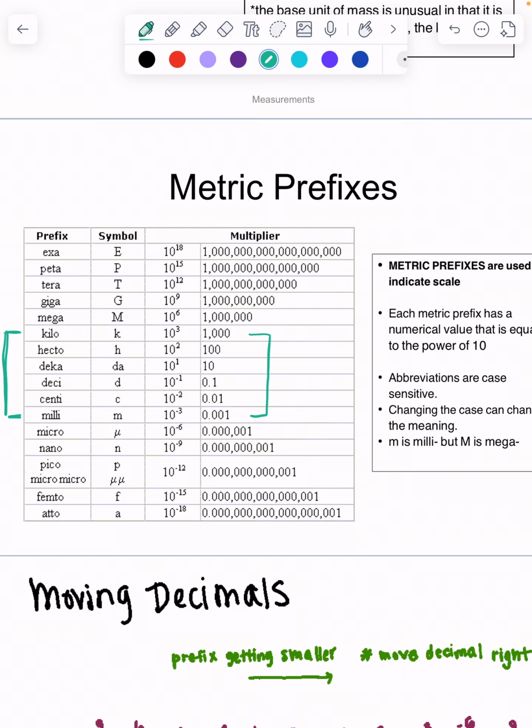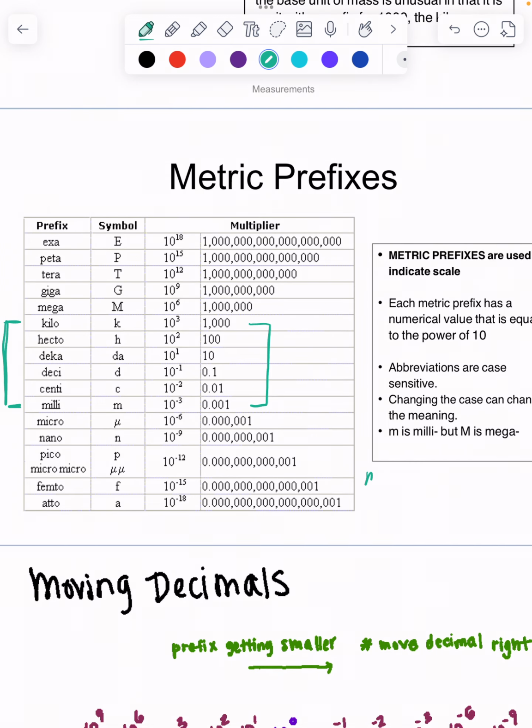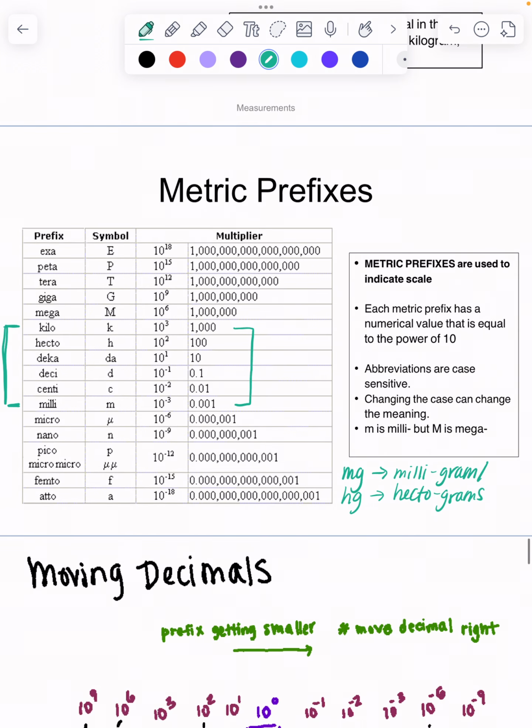If you haven't already, start learning what they are so that when you see mg, you know that's milligrams, or you see hg, haha, mercury, but it's not. Hg would be hectograms. Grams per whatever our base unit is, liters, moles, it can be whatever. So start learning those metric prefixes.